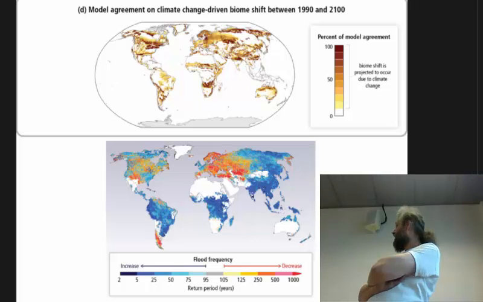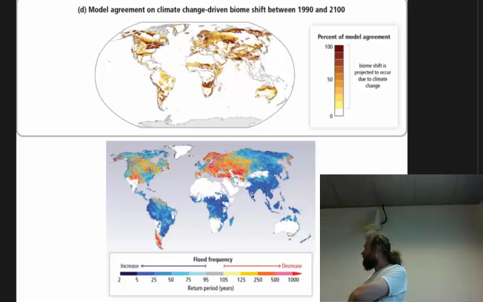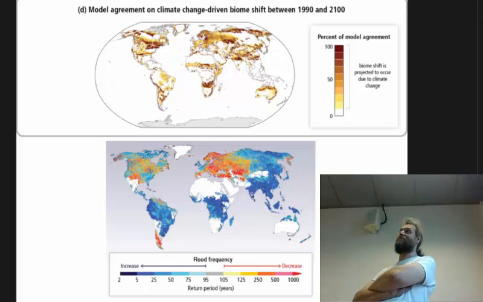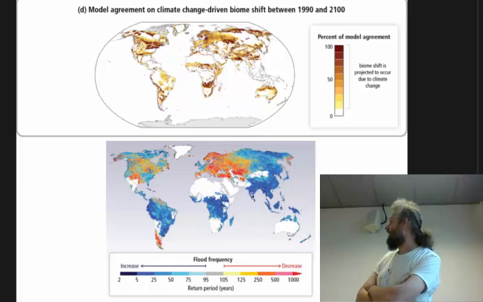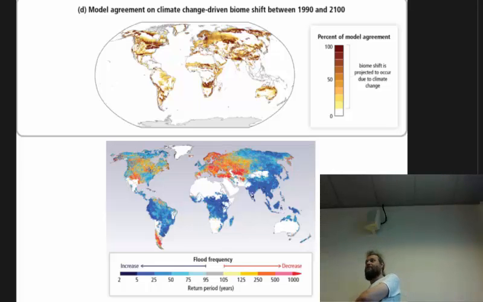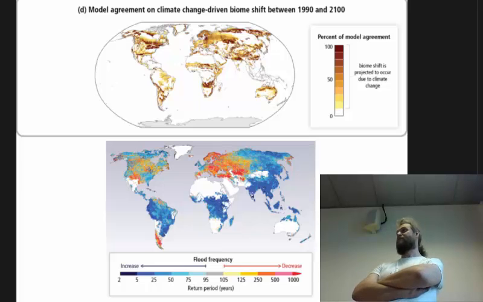The colors here mean white, no change. It's only about terrestrial vegetation, so the oceans are all white by construction. And then the darker the color, the more models disagree that something would change. The sort of changes that we're talking about are biome changes, that is, changes from savanna to forest, or from tundra to forest, or from forest to taiga, or something like that.